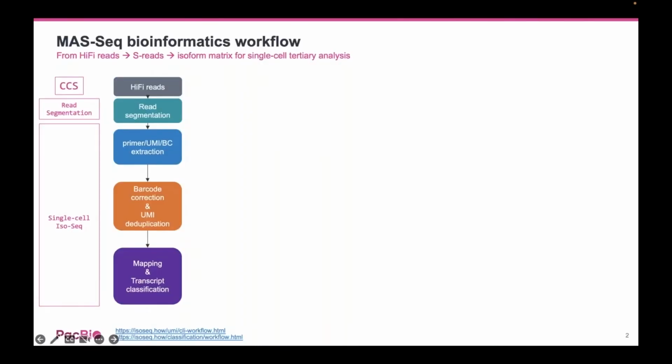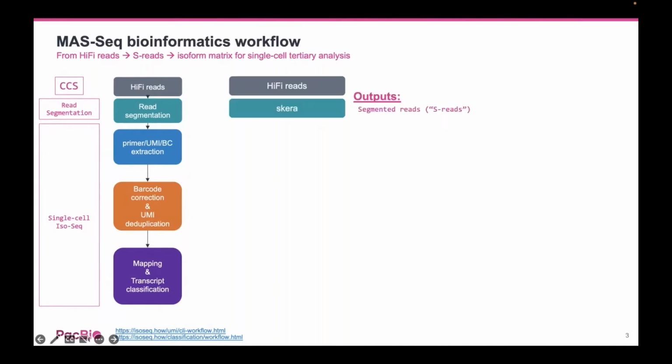The MAS-Seq bioinformatics workflow goes from HiFi reads to segmented reads and ultimately into an isoform matrix for single-cell tertiary analysis. In the SMRT Link encapsulation, this is going to be two separate workflows, being read segmentation and single-cell Iso-Seq. To kick this off, we go from HiFi reads to read segments using a tool called Skera.